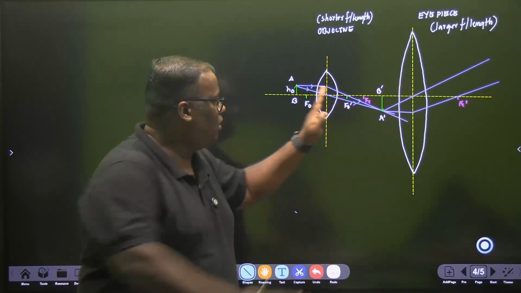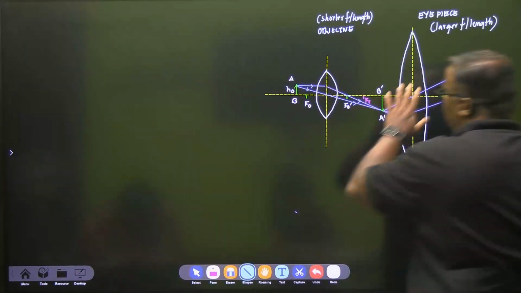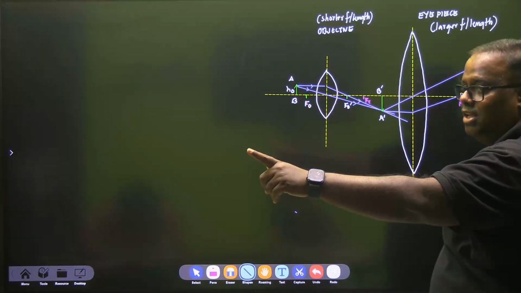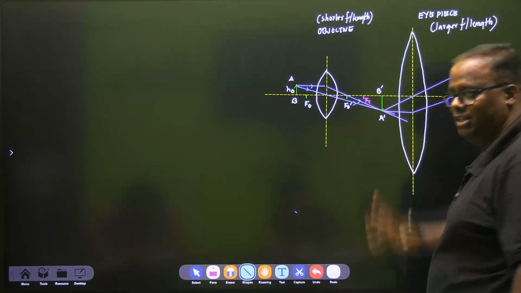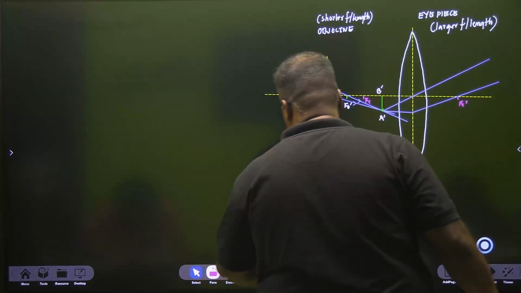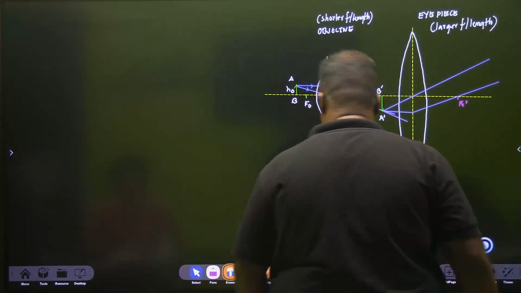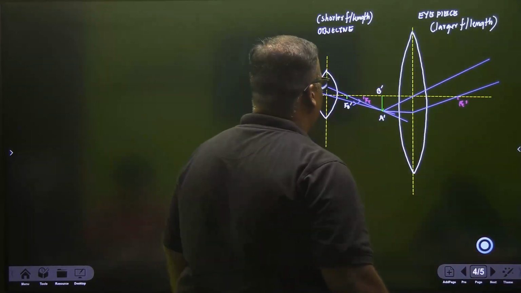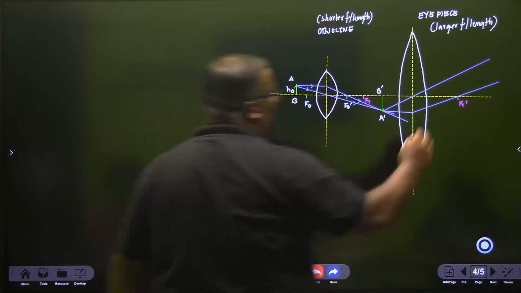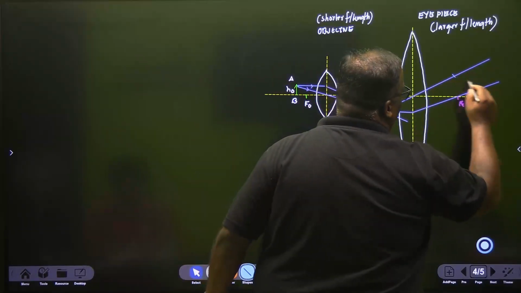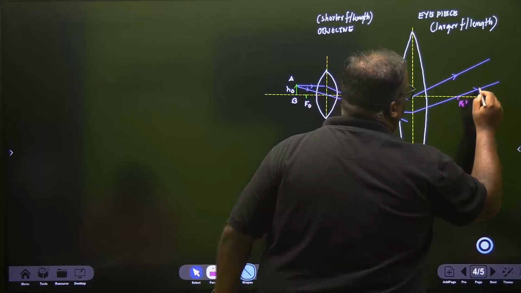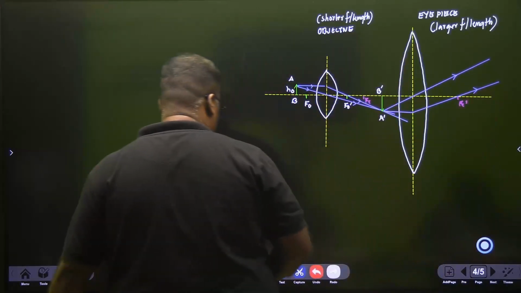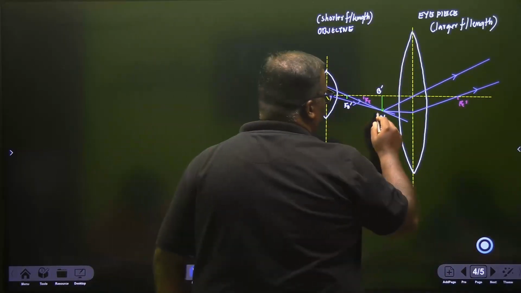And if I actually blank out this part, this is just the same drawing as the previous case diagram, just that the object is inverted. Fine. So these rays will be divergent rays. These are divergent. So what I'll do, I'll pull them backwards.